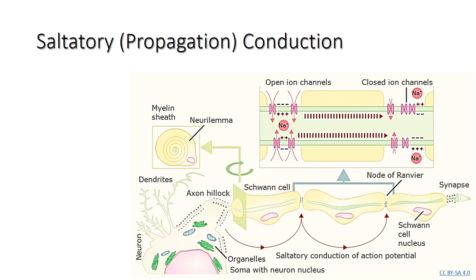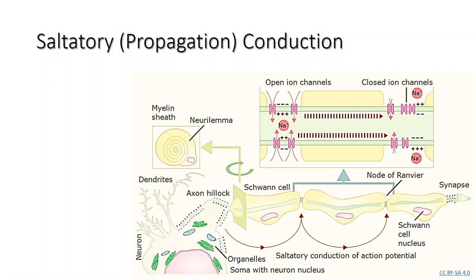Saltatory conduction is the special mode of action potential propagation that occurs along myelinated axons. There is an uneven distribution of voltage-gated channels in the myelinated axons. Only few voltage-gated channels are present in regions where a myelin sheath covers the axolemma.